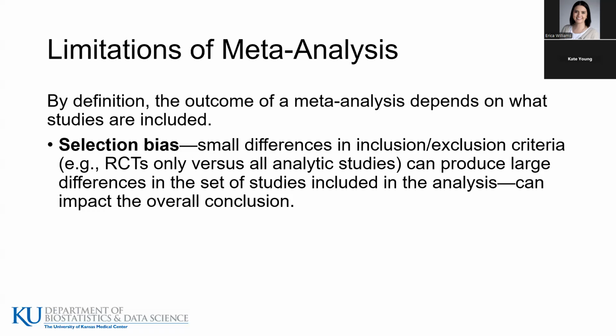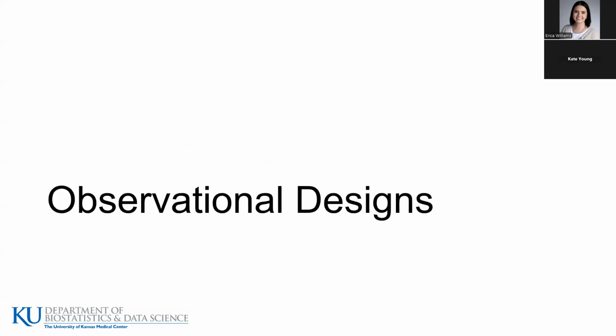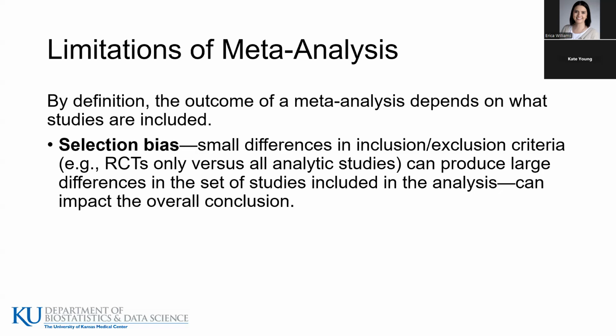Another potential limitation of meta-analyses is what's called selection bias, where small differences in the inclusion or exclusion criteria can produce large differences in the sets of studies included in the analysis, and this can impact the overall conclusion.